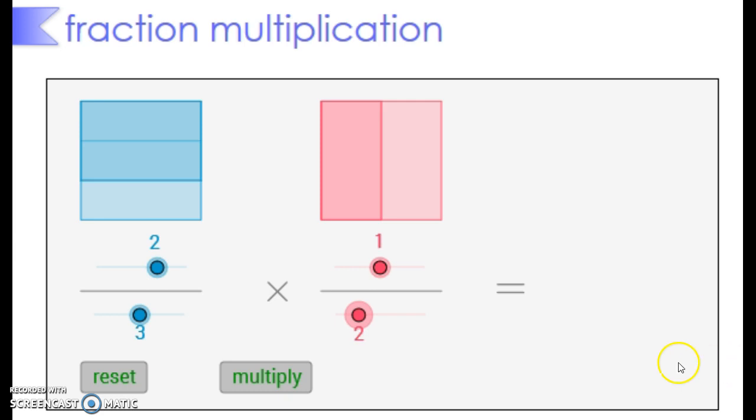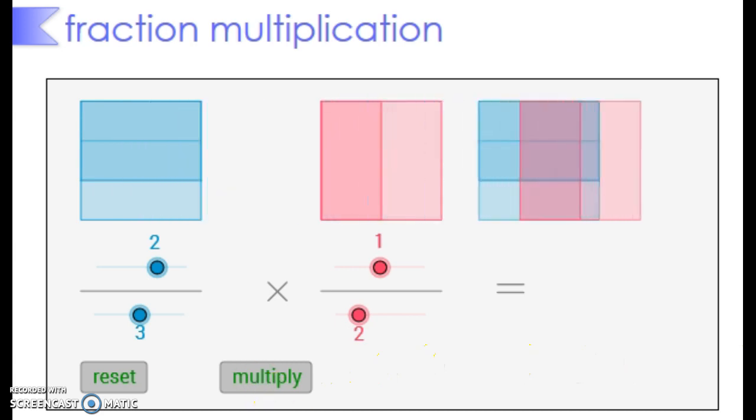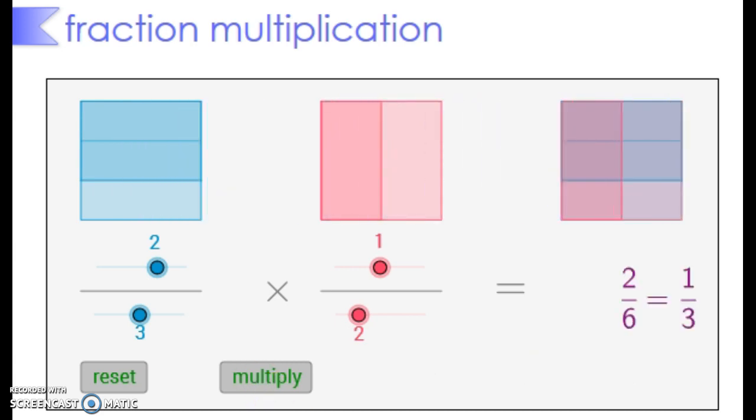Now we will click multiply and see what we get. And we see that we got 2/6 or 1/3. Also notice the squares that have overlapped.